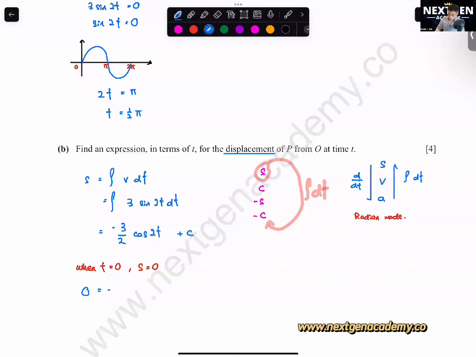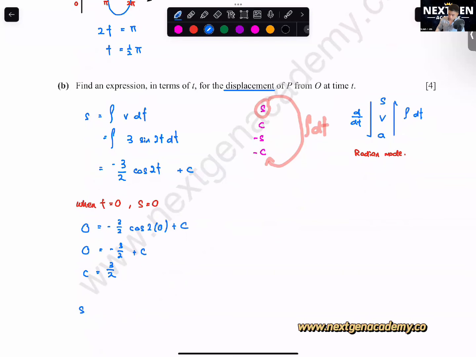So you substitute into the equation above: 2 times 0 plus c. This will be negative 3 over 2 times 1, so negative 3 over 2 plus c. c equals 3 over 2. Therefore, s equals negative 3 over 2 cos 2t plus 3 over 2.